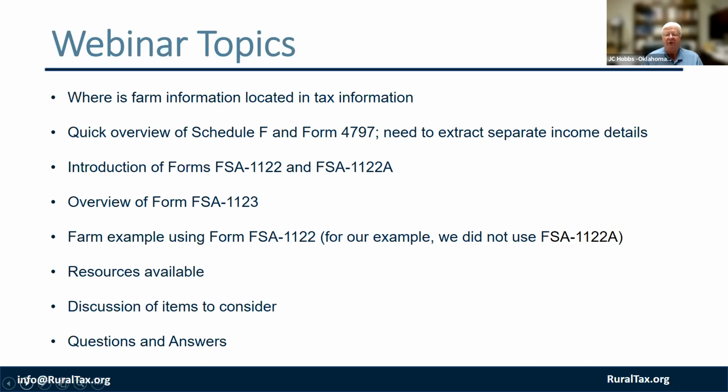Now, for our example, we did not use the 1122A, but we'll talk about it as well. Also, we'll have resources available towards the end, items to discuss and consider, and then a Q&A at the very end. So our goal is to provide a lot of good information during this session.